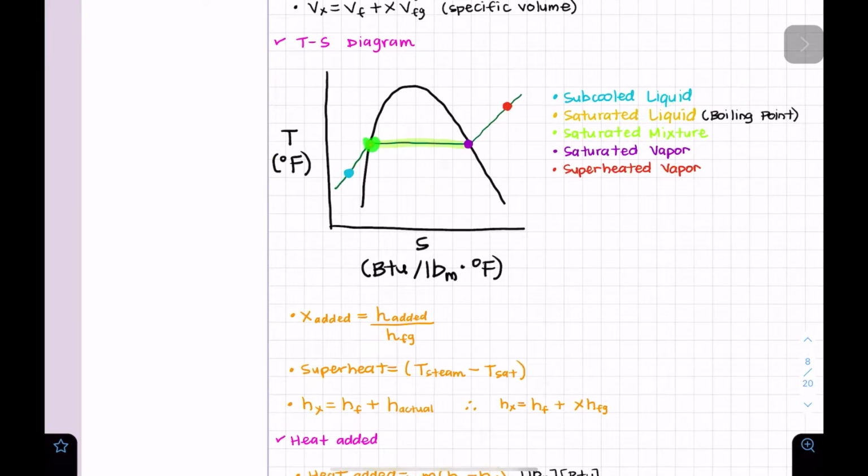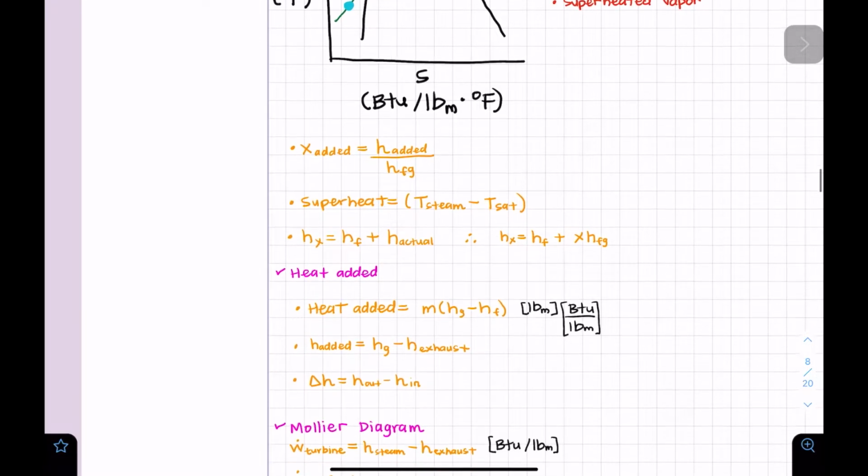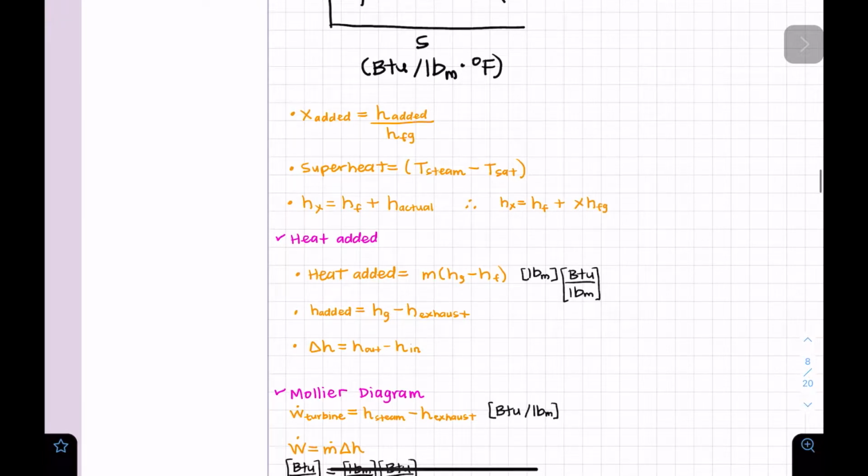Our boiling point is going to start in here on our saturated liquid line. This is kind of like some formulas that I got from here. So if I want to calculate the quality added into a system, I'll just divide the enthalpy added over the enthalpy of the fluid in the steam.